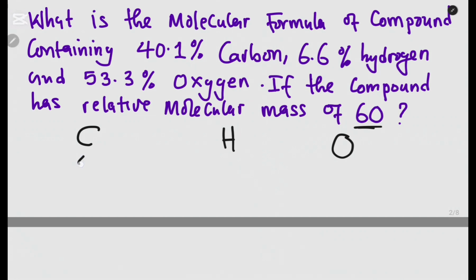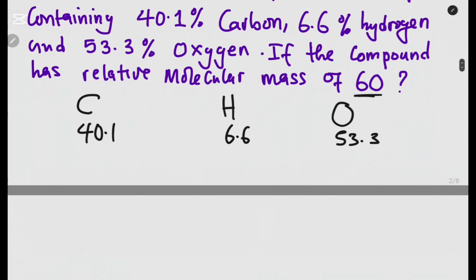So the first one, which is carbon, is 40.1, hydrogen is 6.6, and oxygen is 53.3. Okay, so what is the next step for me now? So the next step, we said you divide the percentages or masses by the relative atomic mass of the elements.